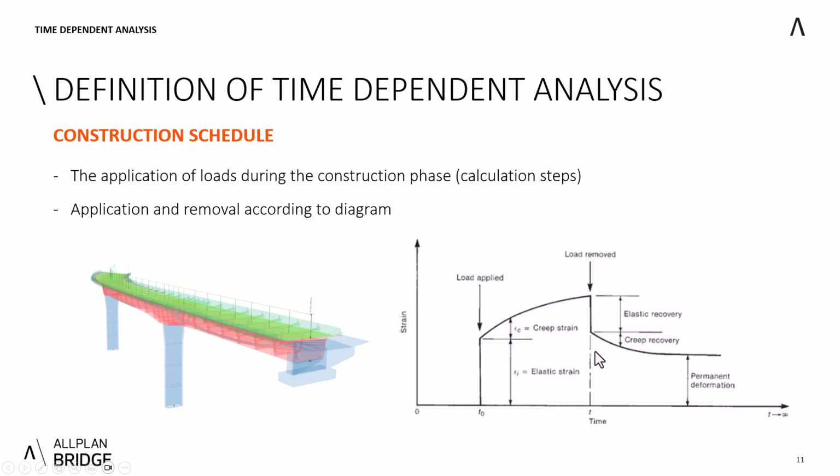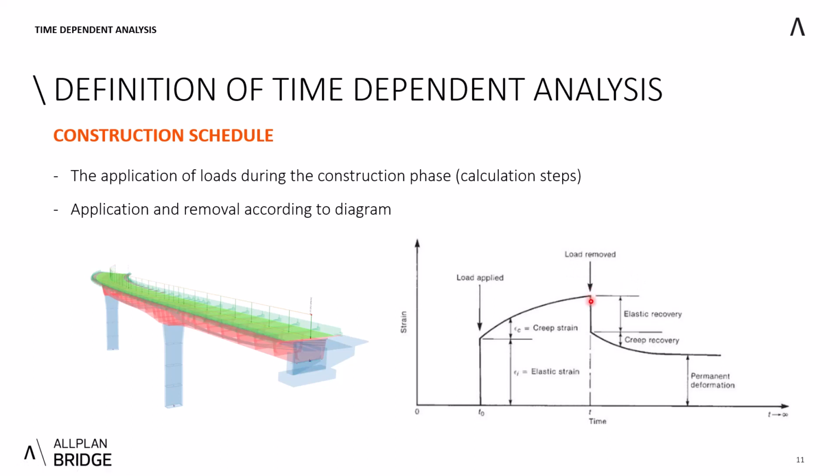And basically what explains how our new creep steps are applied or defined, we see very well on this diagram at the bottom left. So just maybe quickly explain here, if we are at an initial time of t0, we will apply a load to the structure. This will, of course, at the same moment, result in an elastic strain. And after the time passes, we also get some creep strain. Once we get to a certain point in time, like here, we decide that we're going to remove the load.